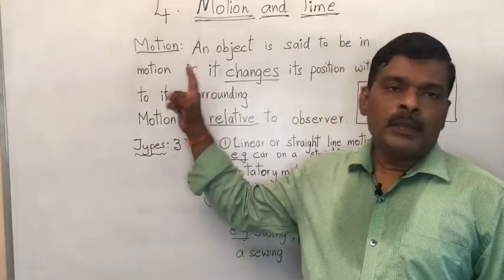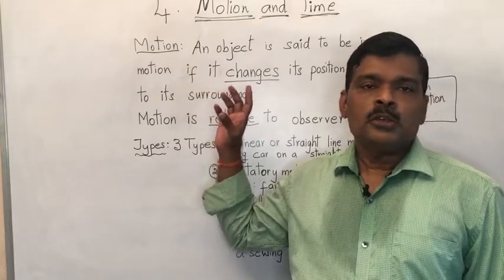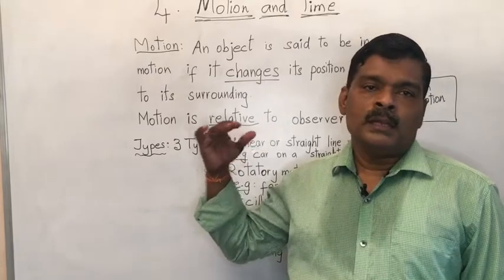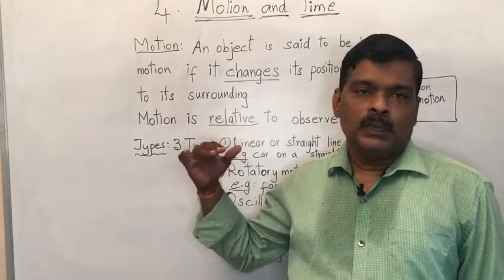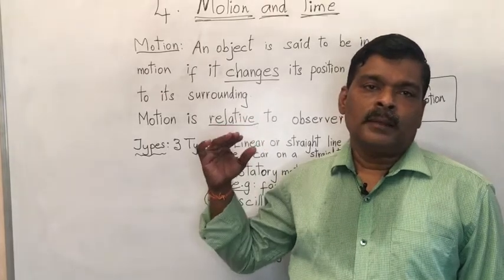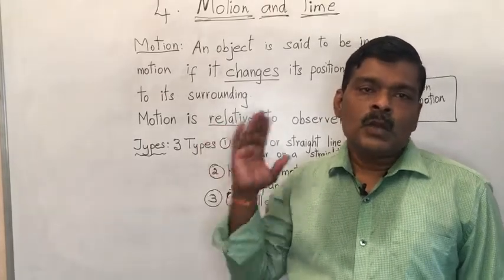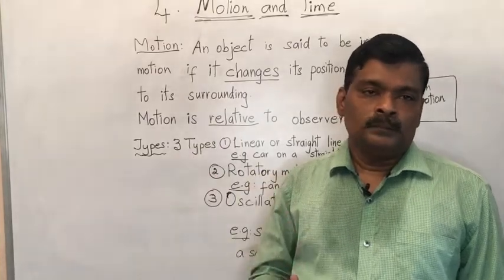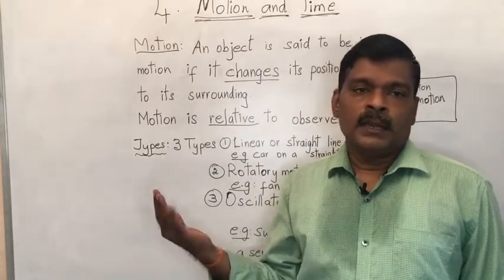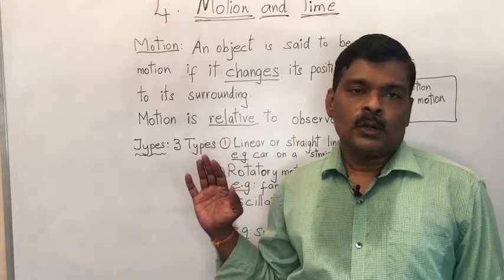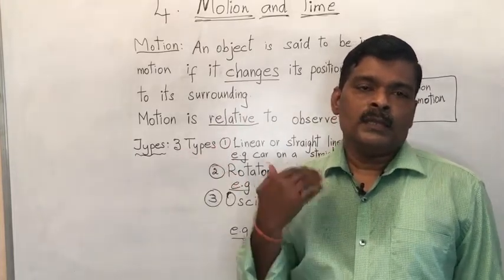Suppose a car is there on a road, running, moving. With respect to the surrounding, what is around us? That car, road, buildings, trees, people, these all are there. It's a surrounding. When it is moving, it is changing.